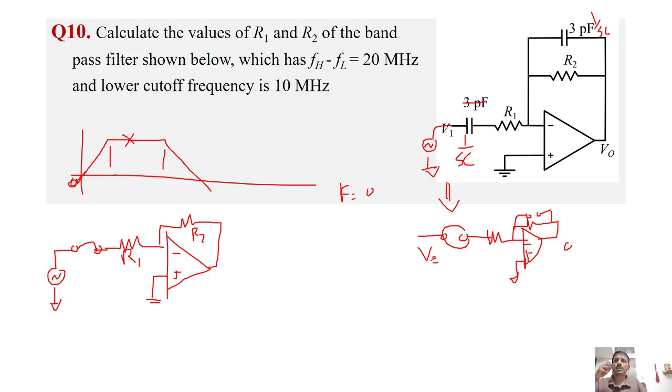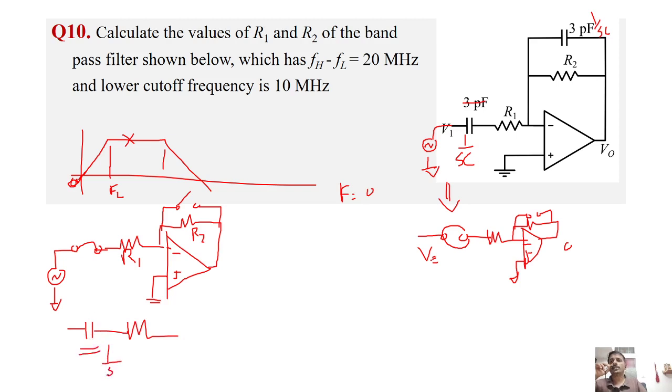So after the cutoff frequency FL, this filter must act like an inverting configuration. That is, there is no effect of the capacitor. This must be open and this must be short. But initially there is some capacitor at the input. So when the frequency increases, what is the impedance due to this capacitor?